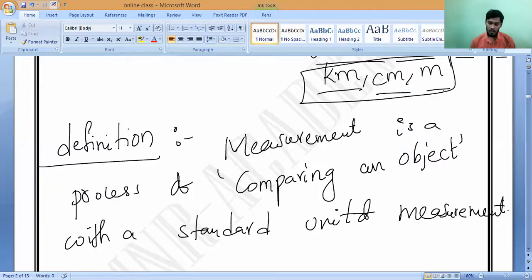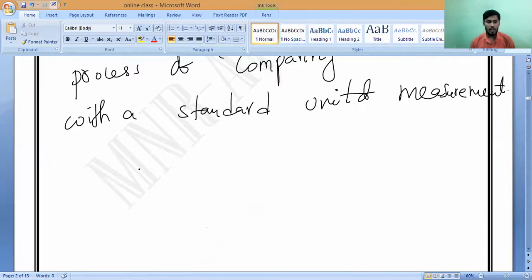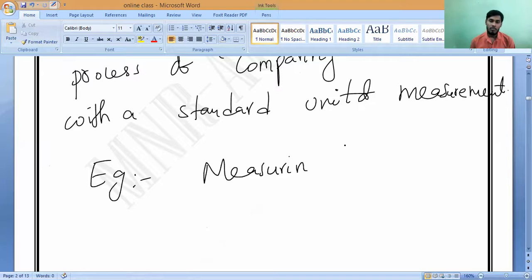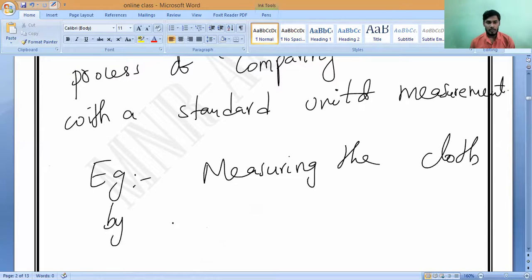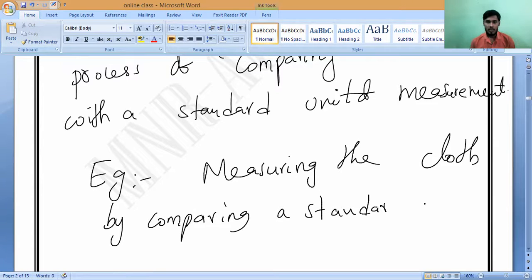For example, cloth. How can you get stitching clothes? If you want to purchase a cloth, how can you measure? What is the unit for measuring the cloth? Example: measuring the cloth by comparing with a standard unit of measurement called meter.